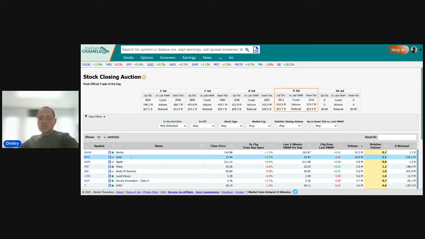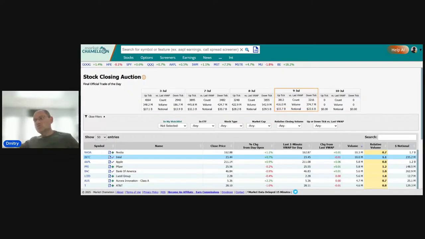What this particular report shows is the official closing trade of the day. When we talk about regular trading hours, you have continuous trading. We have an opening auction that we discussed yesterday.